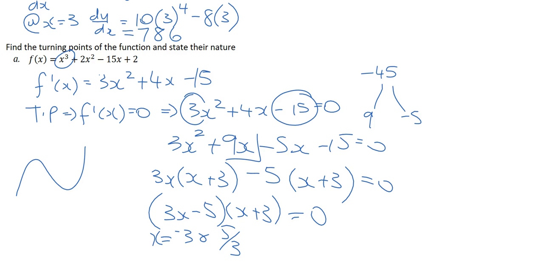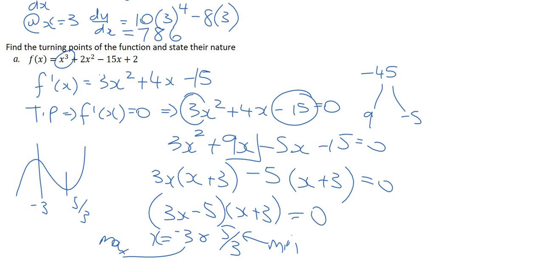So if you're looking at my two x values, the one on the left must be negative 3, and that one there must be my 5/3, because the furthest one left will be the smallest number, the furthest one to the right will be the biggest number. So which is the minimum? Which is the maximum? So that was your level 2 stuff last year.